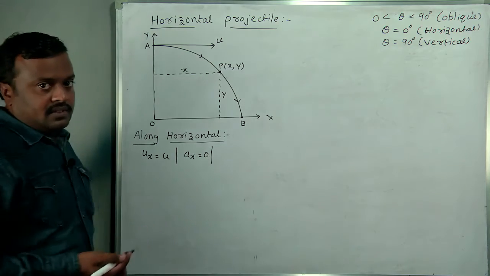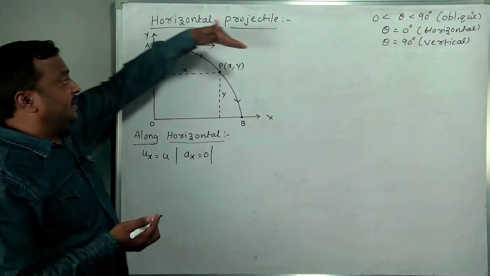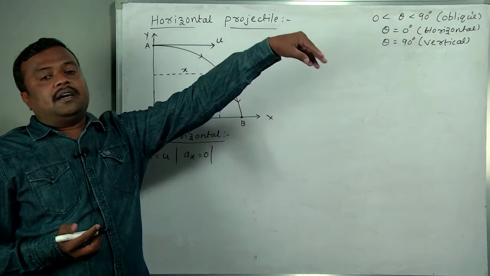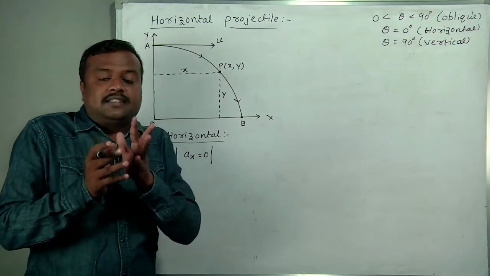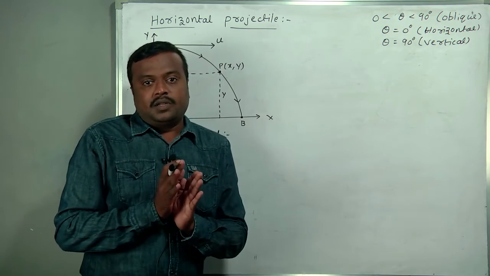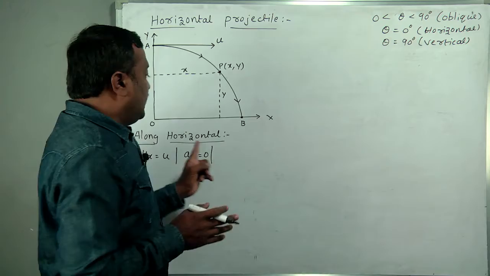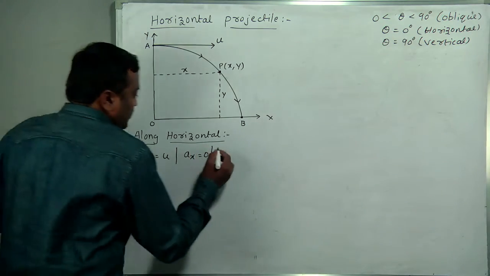We discussed this many times: when the body is in air, it is not affected by any acceleration along the horizontal. Its change in velocity is affected only by gravity. Gravity acts in the vertical direction, so along the horizontal the change in velocity is 0, then its acceleration is also 0.